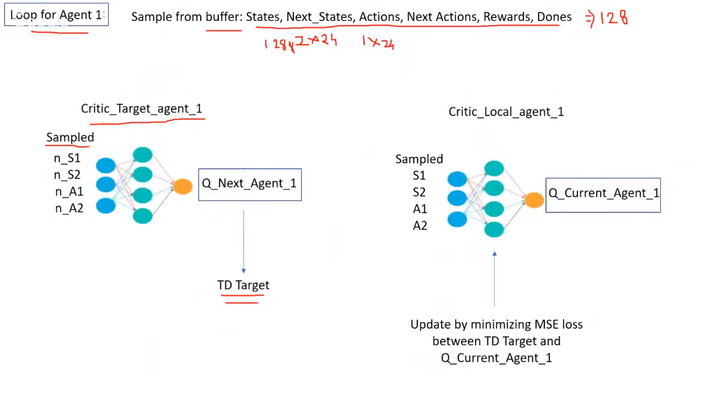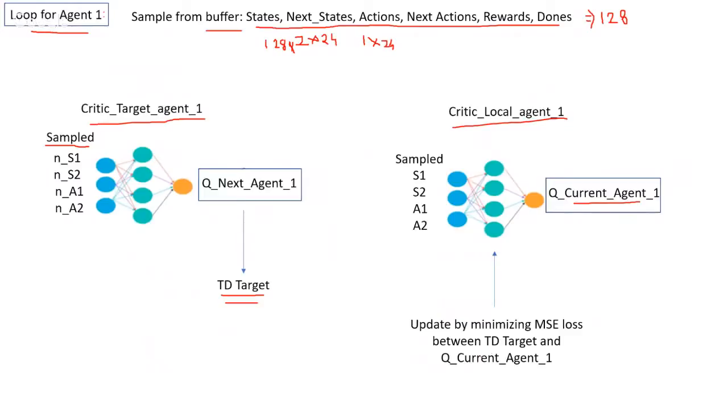You computed this. Then I will take the critic local network of agent 1, and I will input the sampled S1, S2, A1, A2 from here. State 1, state 2 from here, A1, A2 from here. I will input it to the critic local. So this is critic target, this is critic local, both for agent 1. I will get Q current for agent 1.